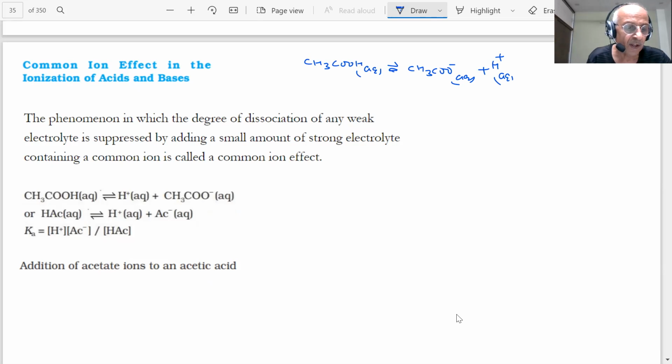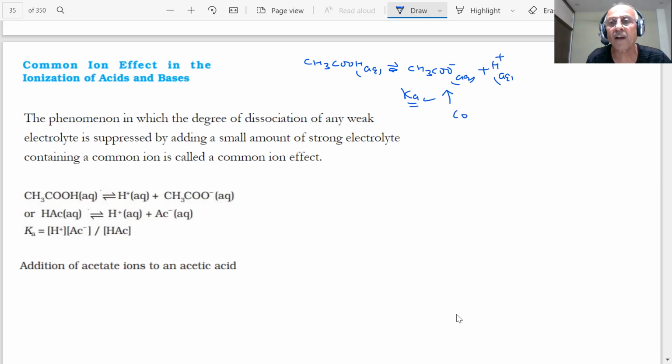We have shown you that after some time an equilibrium will be established, and there is a value of the ionization constant. At a particular temperature, this value is constant for an acid, right? Yes, sir. So what will happen if I add from outside the ions which are produced by the weak acid?